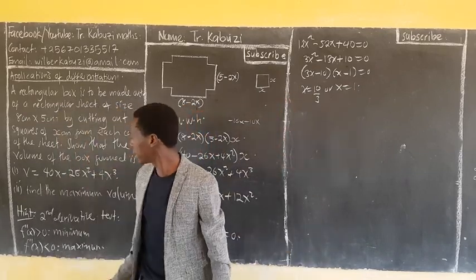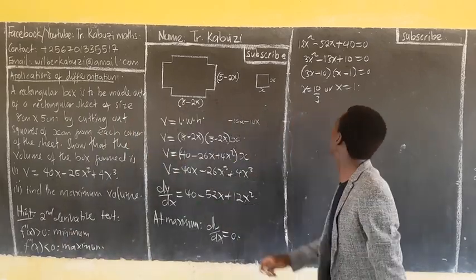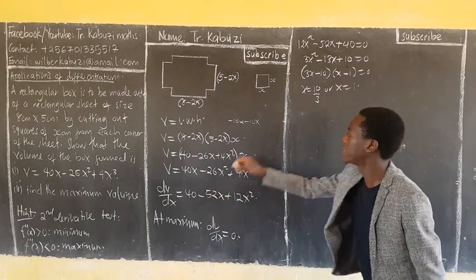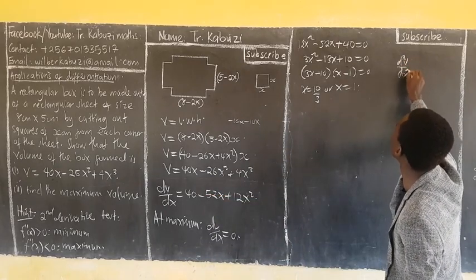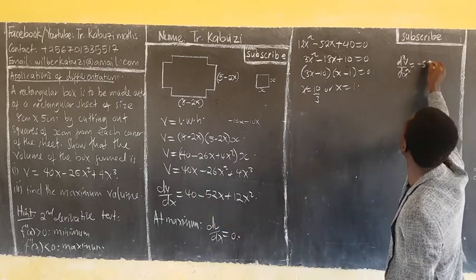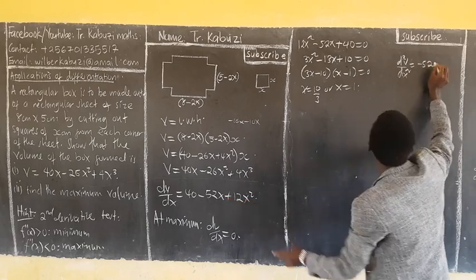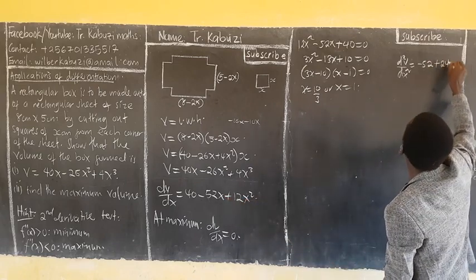Now there we shall use the second derivative test. If we get the second derivative of this, d squared V over dx squared will be, this will be 0, so this will be negative 52, then plus this will be now 24x.